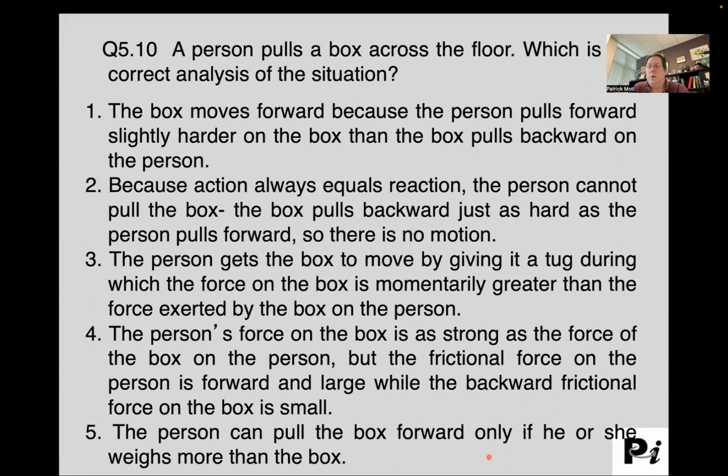Keep in mind Newton's third law of motion is really always true, and try to discern which is correct in terms of physics. Talk it over with your neighbor, your physics friend, and then when you're ready, unpause the video and we'll go over the answer together.